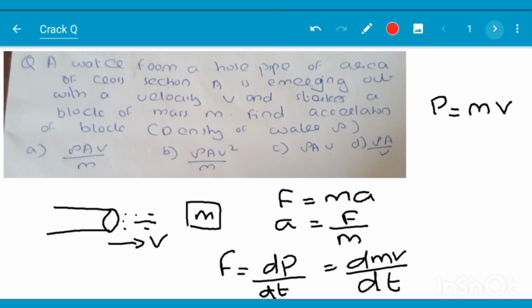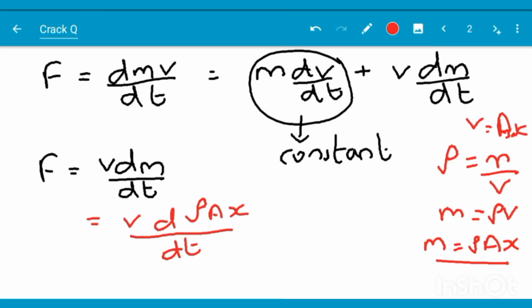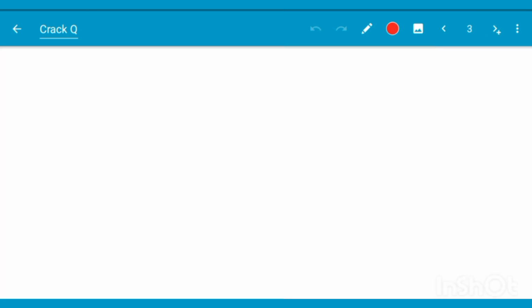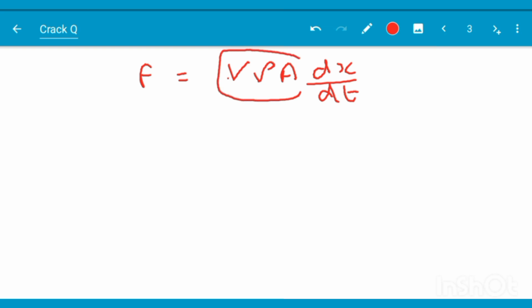So we will write it like this. I will do it on another page. F is equal to v rho A dx by dt, because only the distance x is changing, the rest of the things are not changing.